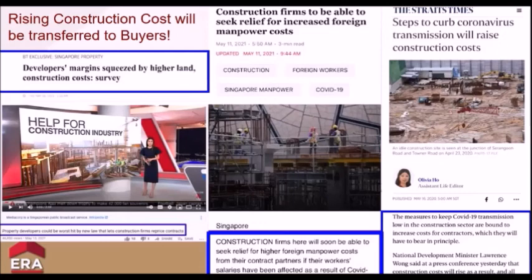For own use, would it make sense for them to have a bigger space and a lower quantum rather than a smaller space and a higher PSF?